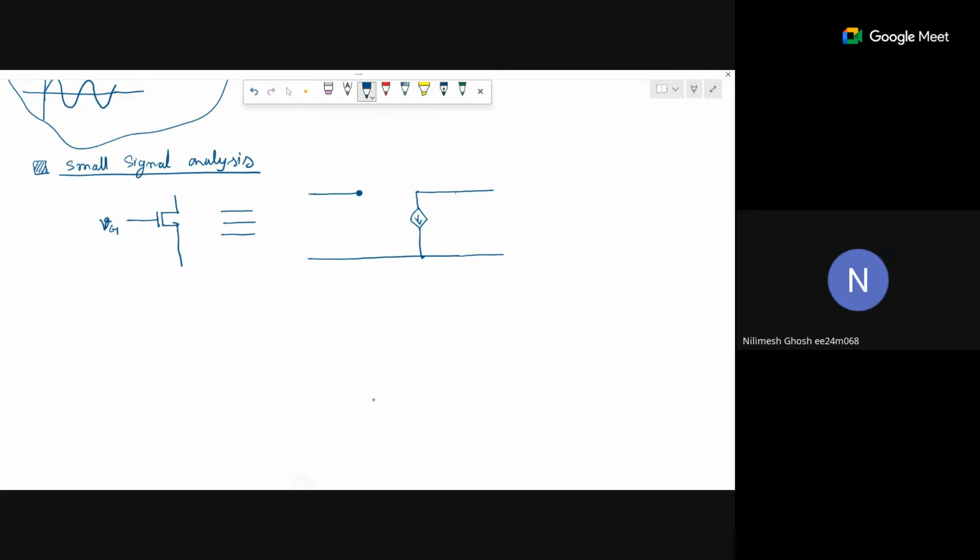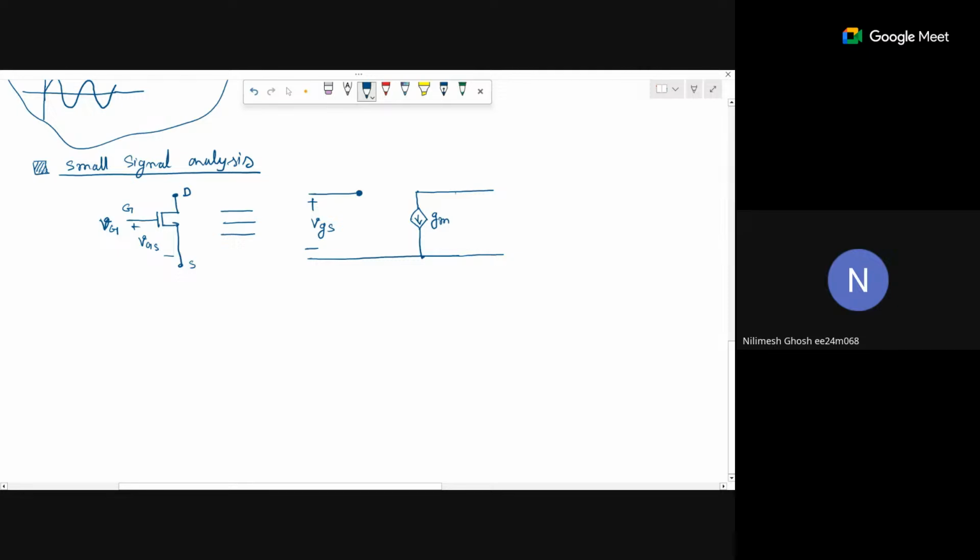So this is VG. This is small signal. All of these are small signal. This is source, this is gate, this is drain. So this particular thing is VGS, small signal. Now this voltage is VGS, and this current is gm into VGS.